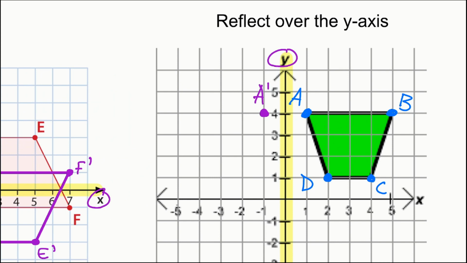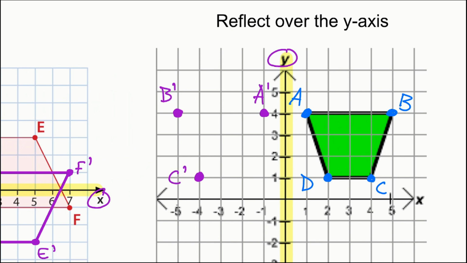B is 1, 2, 3, 4, 5 units away. That is where B prime should be. C is 1, 2, 3, 4 units away. So C prime should be 4 units on the other side of that.